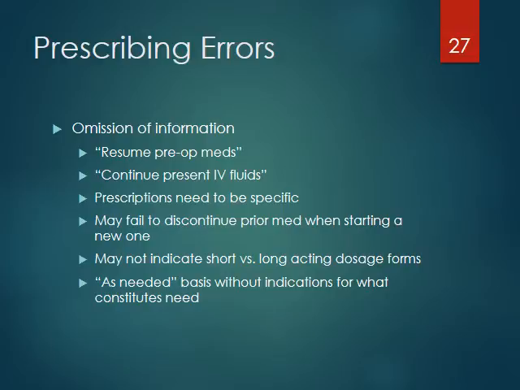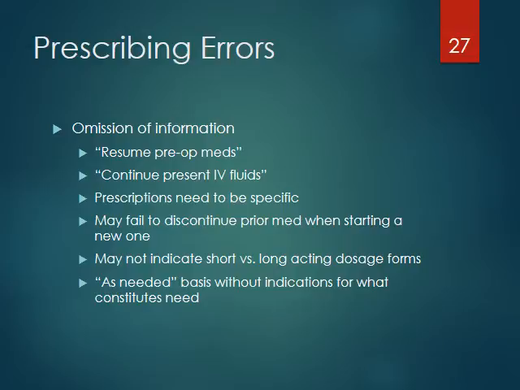Things like "continue present IV fluids" can be problematic, especially if someone incorrectly remembers what the rate was before and inputs it incorrectly into whatever IV pump they may be using. So it's really important that prescriptions be really specific. Other errors include failing to discontinue a prior medication when starting a new one.